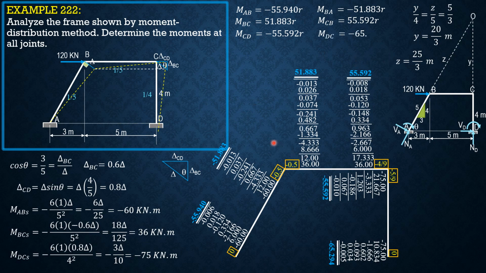Simplifying, 5/3 of MAB plus 8/3 of MBA plus 5/3 of MDC plus 8/3 of MCD equals negative 800. So let's use this equation on the next slide, and let's substitute MAB, MBA, MCD, and MDC.